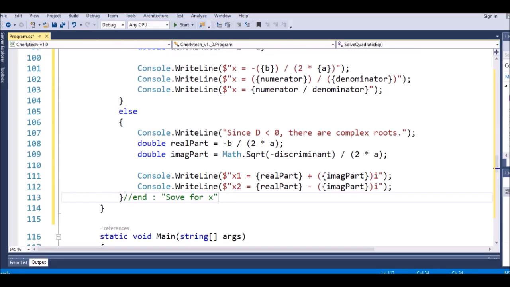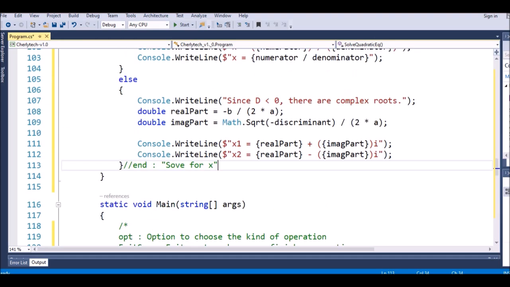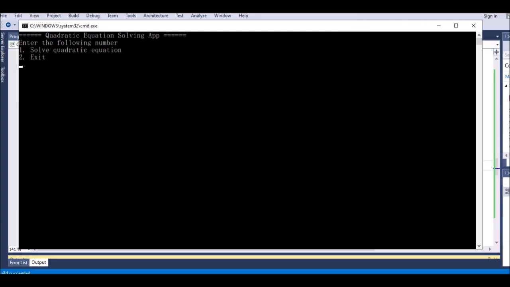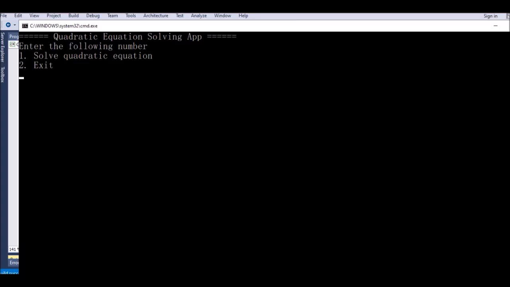So now let's run our program to see what will happen. So just Control F4 on the keyboard. So now you see that we have the run result like this. So it's a quadratic equation program. So we say enter the following number.